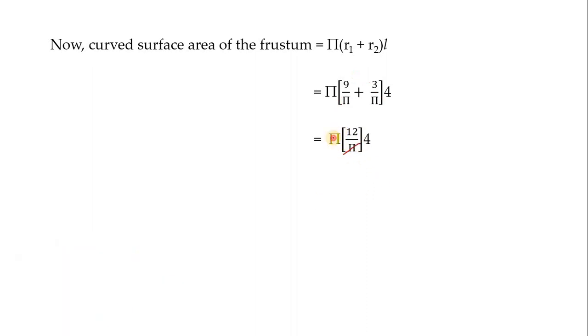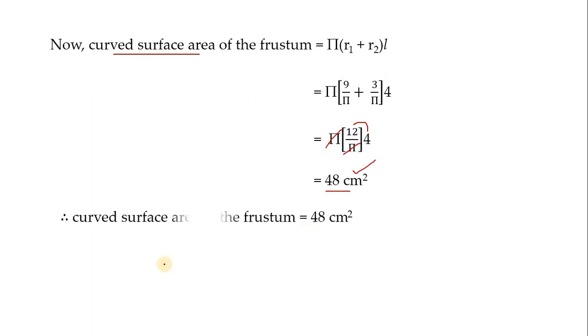See pi and pi will get cancelled. If you write pi value as 22 by 7, it takes much time to simplify. Hence don't write. So now multiply 12 into 4. So 12 fours are 48 and we have found curved surface area, means area we are finding. Hence the unit will be centimeter square. Curved surface area of frustum is 48 centimeter square.